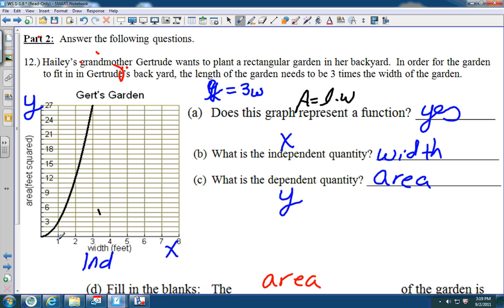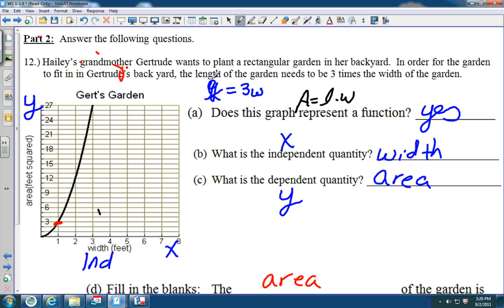Let's see, when the width is 1, the area is 3, because length times width. So then right here, the length of the garden needs to be 3 times the width. I think it's supposed to be the area of the garden needs to be 3 times the width.